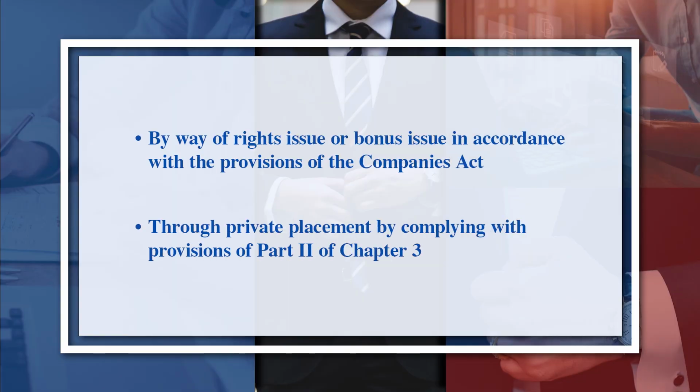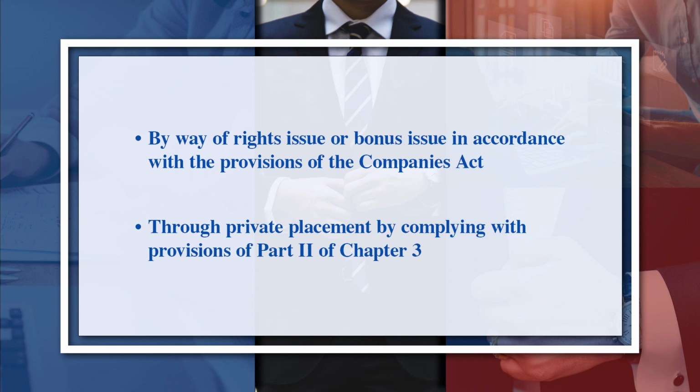A private company may issue securities, number 1, by way of rights issue or a bonus issue in accordance with the provisions of the Companies Act, or through private placement by complying with the provisions of Part 2 of Chapter 3.